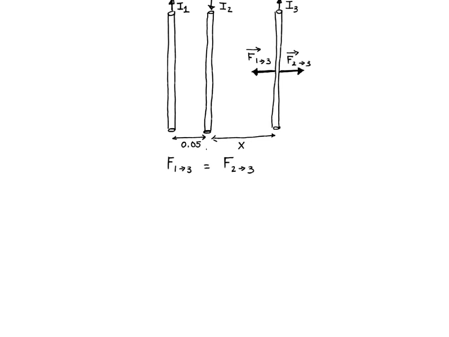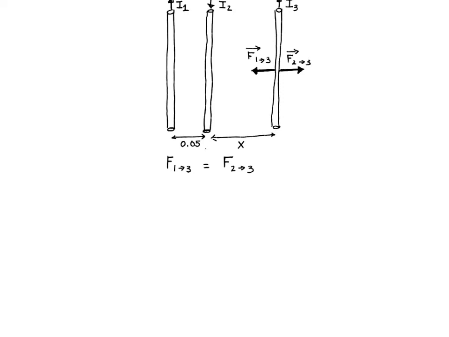We want the force that 1 exerts on 3 to be equal to the force that 2 exerts on 3. That force will be given by ILB sine theta, where theta is the angle between the magnetic field exerting the force and the wire that is feeling that force.